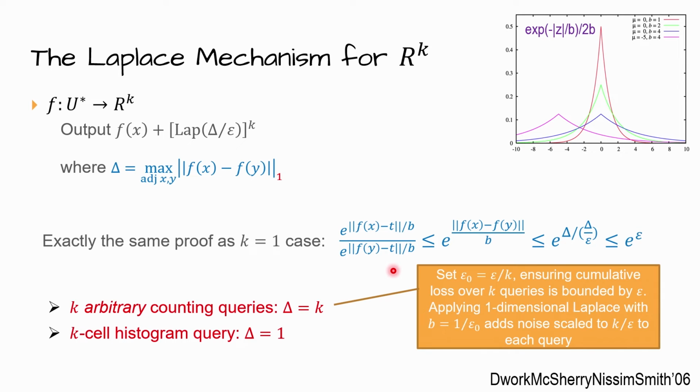So with that thinking, if we want to ask k queries, we can set some epsilon naught to be epsilon over k. We answer each of the queries with a privacy budget of epsilon naught. The k epsilon naughts at worst add up, giving us a total of epsilon loss, which is what we wanted. And again, we have noise that looks like k over epsilon for each of the individual queries. So 2 different ways of getting to the same place in this particular framework.